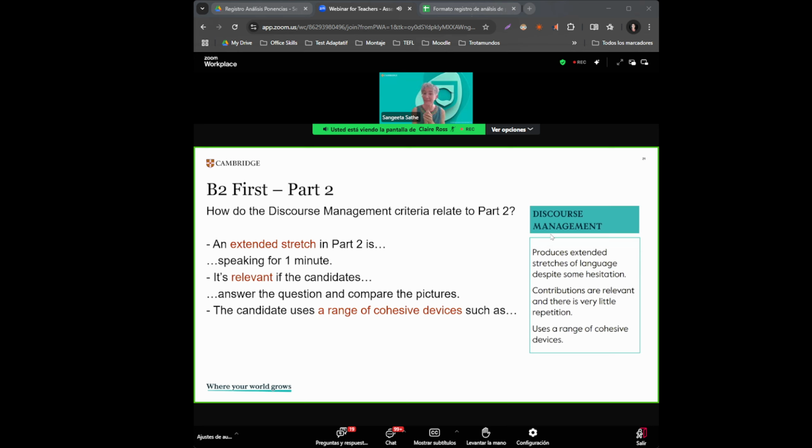For instance, yeah. But, while, yeah, exactly. We want to see a range, so basic ones like but, as well as more sophisticated ones. So I've given you some examples, but I think all the examples you're giving me in the chat look absolutely brilliant. The first picture, on the other hand, in the same way. All of these are the kind of things you might expect in part 2.